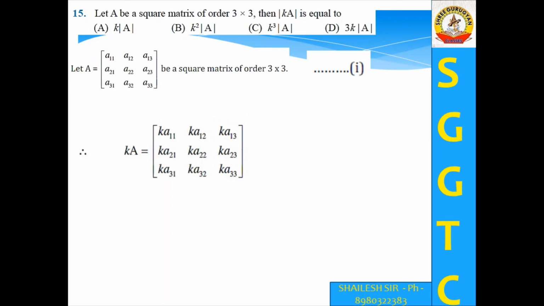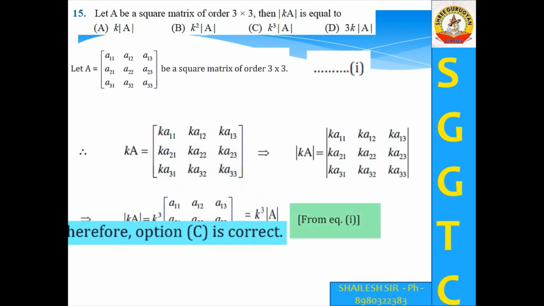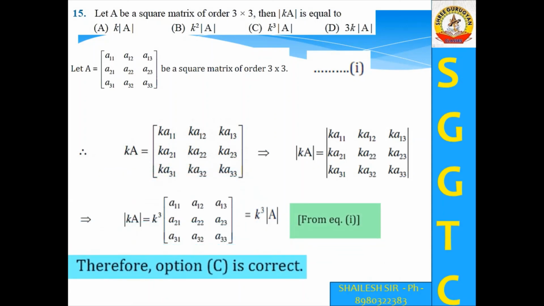Surely you get Ka11, Ka12, Ka13, now applying in the matrix form for the determinant form. So you take common. So students, here common K is available row wise in the first row. Second row wise is again K available, and third row wise is again K available. Either you operate column wise is also true. So there are 3 K available.